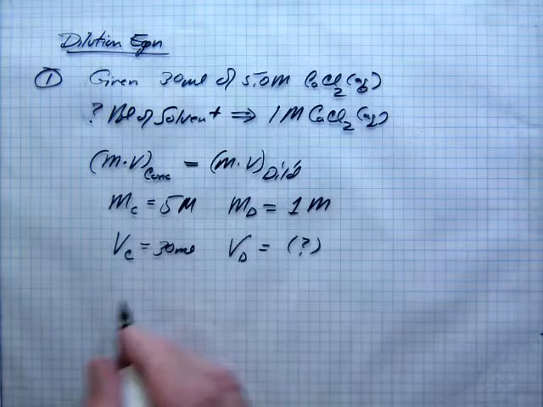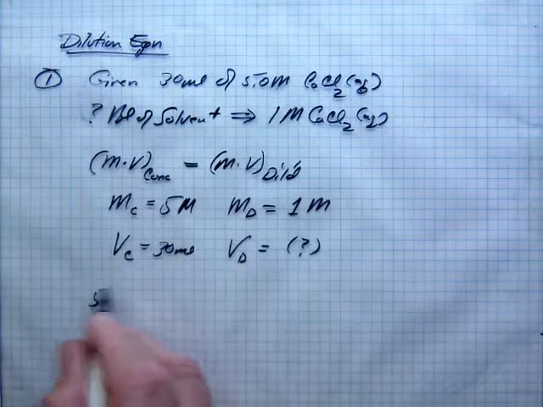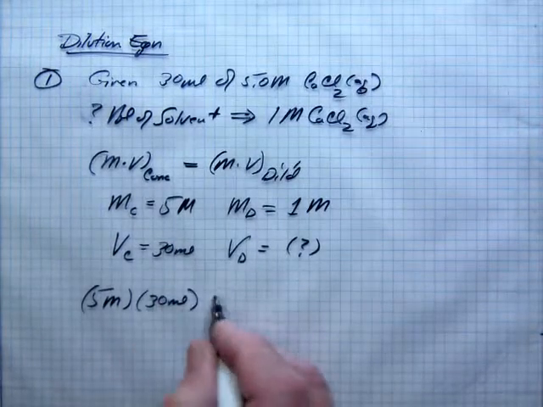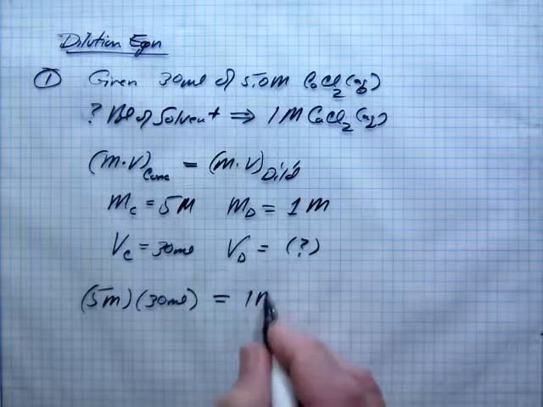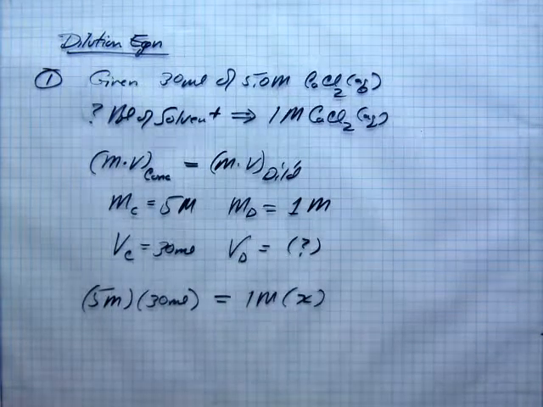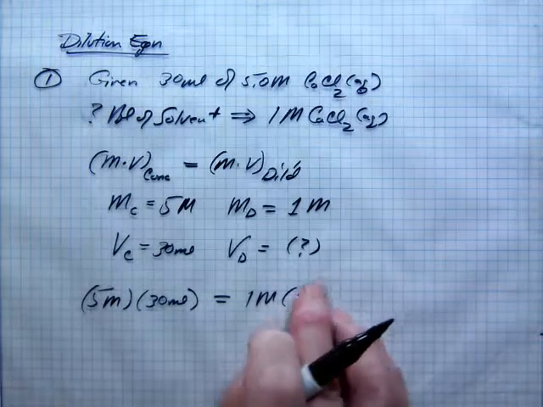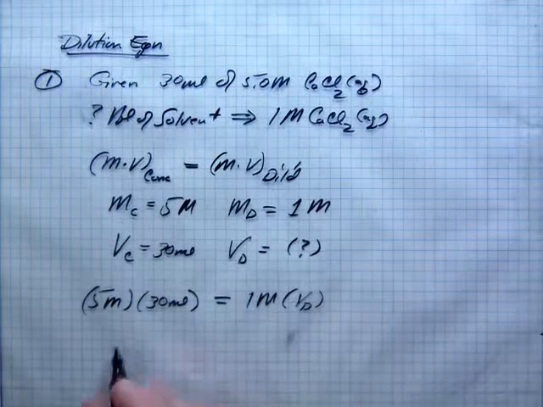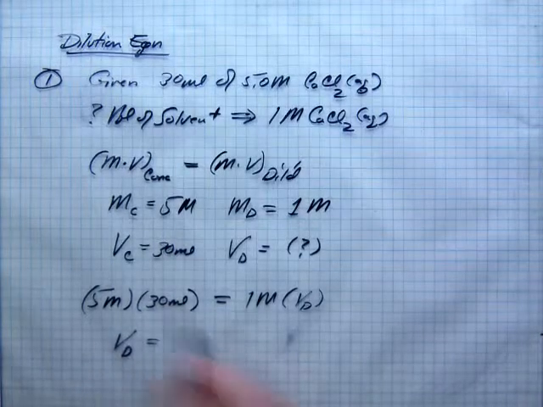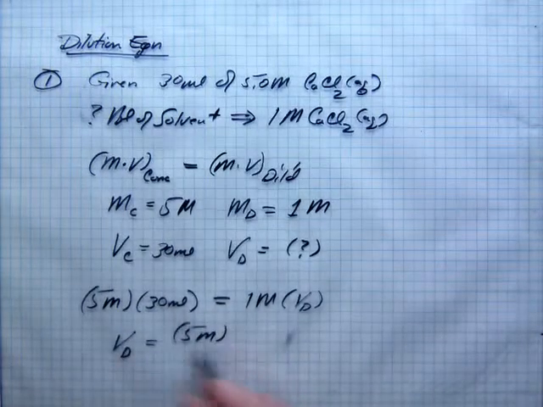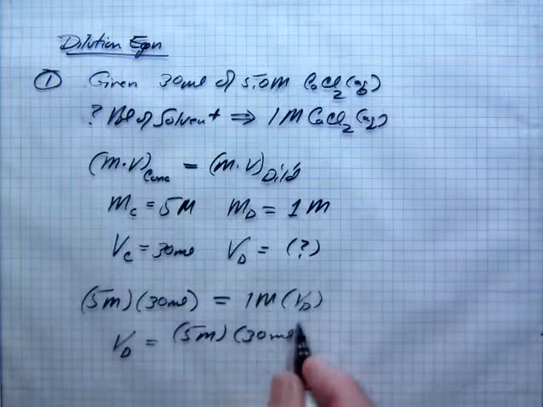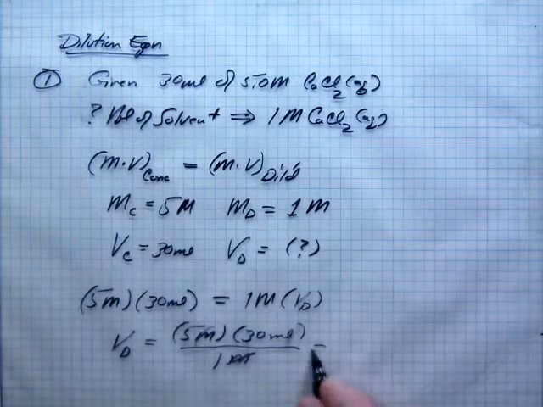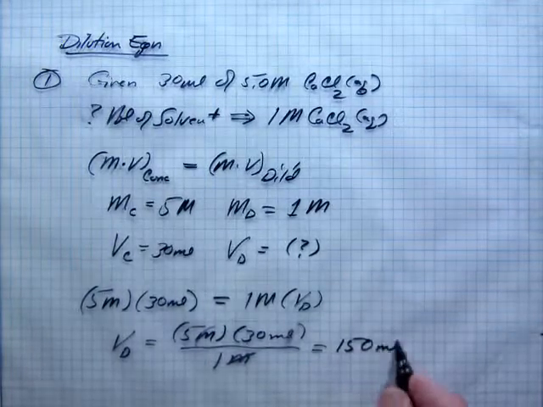So molarity times volume of the concentrate, that'd be 5 molar times 30 milliliters, is equal to 1 molar times whatever that volume of diluted is. I can leave that in there as a variable. Volume of the diluted. And the volume of the diluted is, of course, 5 molar times 30 milliliters of concentrate over 1 molar, molarities drop out, and you have 150 milliliters.